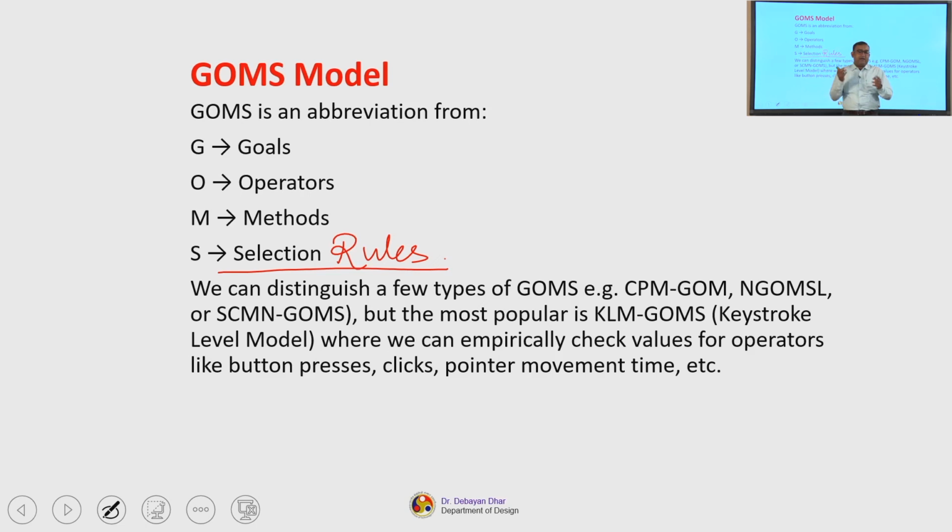There are CPM-GOMS, NGOMSL or CMN-GOMS, but the most popular is the KLM-GOMS, the keystroke level model GOMS, where we can empirically check values of operators like button press, clicks, pointer movement time, etc.